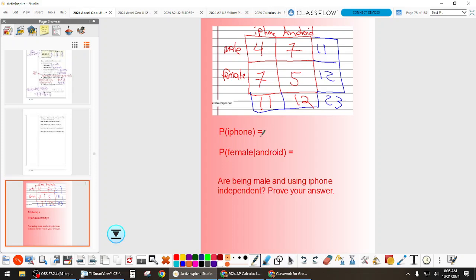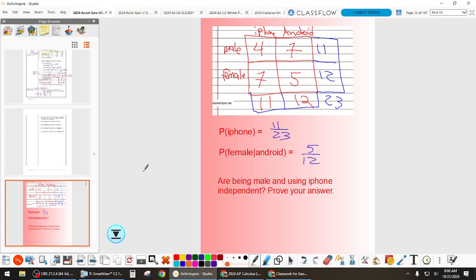What's the probability that you're an iPhone user in this data set? Good. And then this one, remember, female, given that you're an Android user. So, yep. Looking at just that category. And there are 5 out of 12 of those.